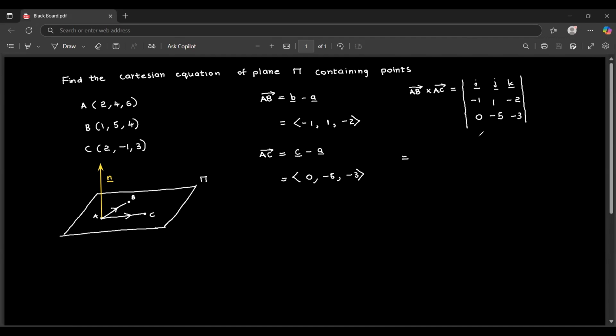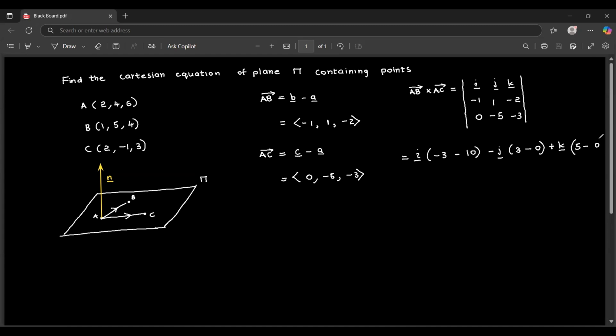First of all, we have to find the i coordinate. This will be given as 1 into -3, so -3, minus -5 into -2, 10. Then we have minus j into -1 into -3, 3, minus 0 into -2, 0. Then we have plus k into -1 into -5, 5, minus -1 into 0, 0.